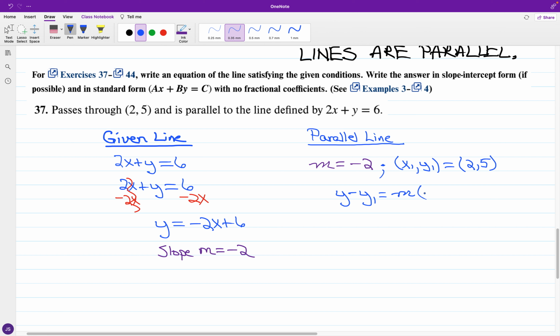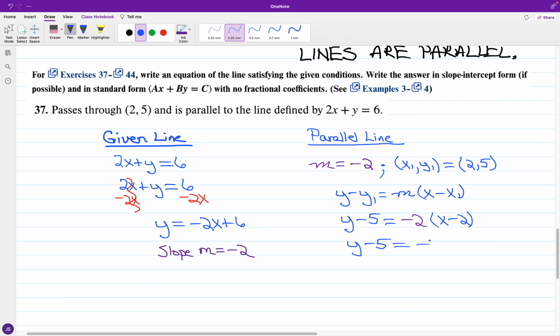Okay, so you have y minus y1 is equal to the slope m times the quantity of x minus x1. And so we have filling in. So we have y minus 5 is equal to, again, we have with the slope m, so we have negative 2 times the quantity of x minus 2. Okay, so this is the point slope equation.